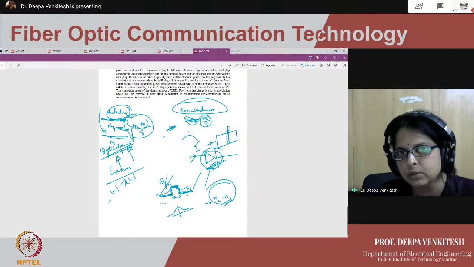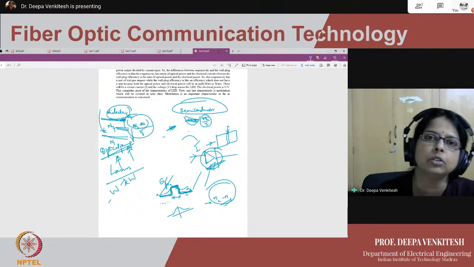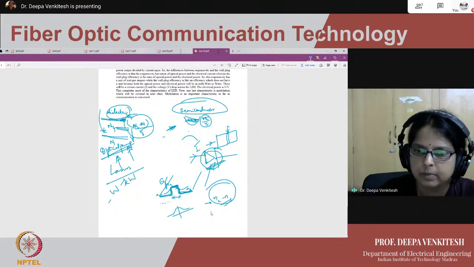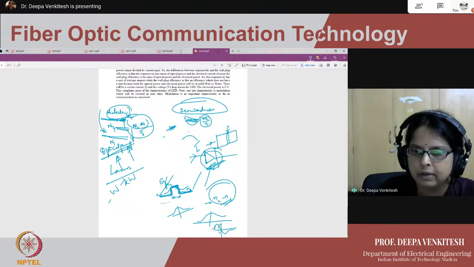Multiple transverse mode is also not ideal for light to propagate through the fiber, because multiple transverse mode means that, let's say the fundamental mode is this, the higher order mode is going to look like this, right, in terms of electric field. So you will have a null in between and you have a maxima on either side and so on.